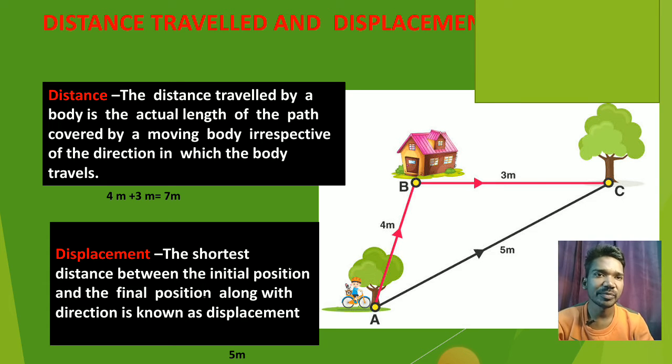Here we can see in the picture a boy moves from A to B and from B to C. So the actual path which is being covered by the boy is 7 meter. Talking about displacement, the shortest path between the initial and the final point, which is 5 meter, is called a displacement because this is the shortest path between the initial and the final point.